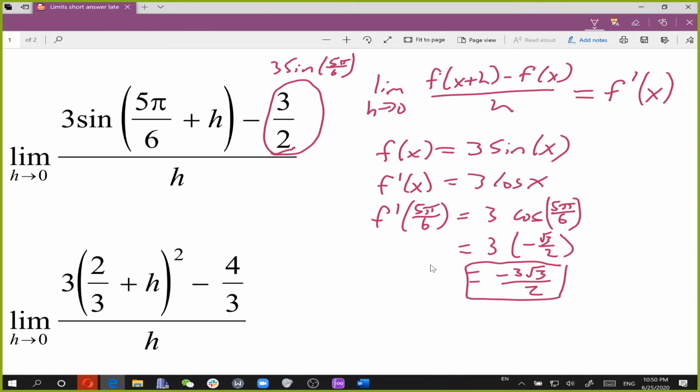And if I do, you'll get 3 times the cosine of 5π/6 plus h over 1, which when h approaches 0 will be 3 times the cosine at 5π/6, which is exactly what we had here. Again, cosine 5π/6 is -√3/2, times 3 is -3√3/2.